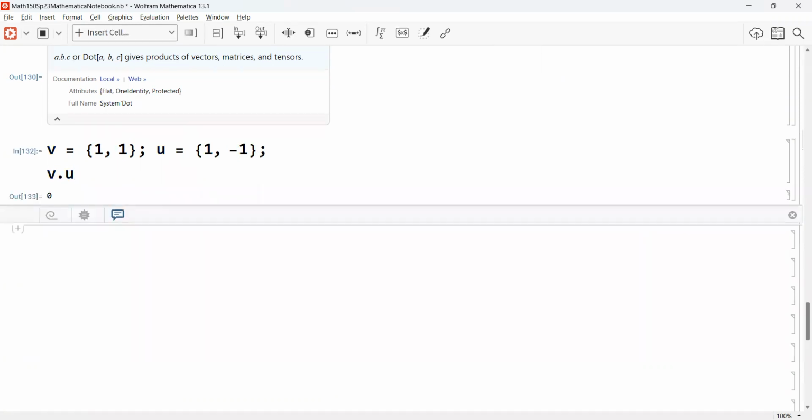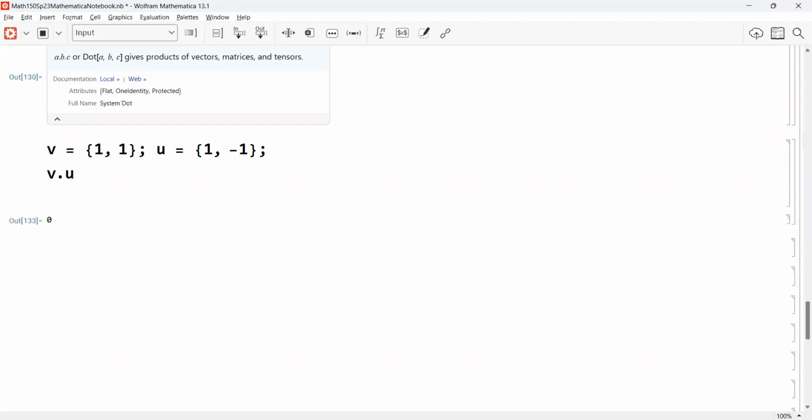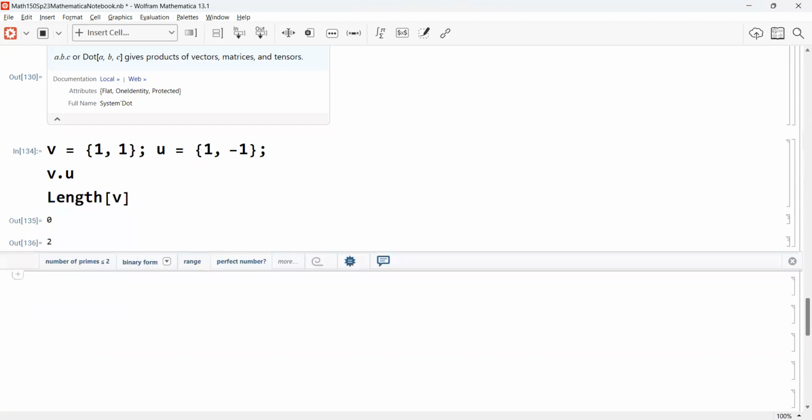Should be 0, and I get 0. What should the length of each vector be? So the vectors are 1, 1, and 1, -1. What should their length be? Should be √2. So let me guess, does Length give me the length of the vector? Length of v is 2.